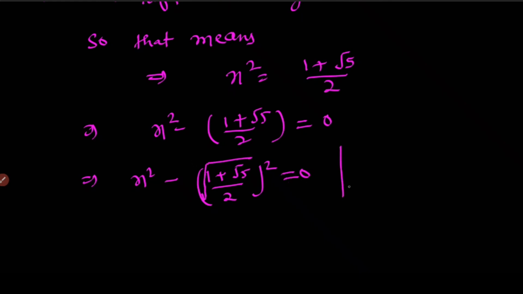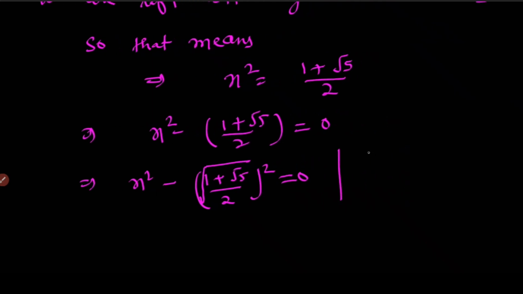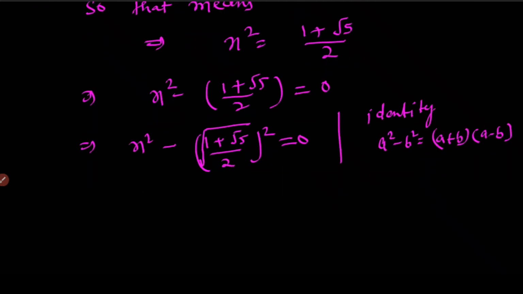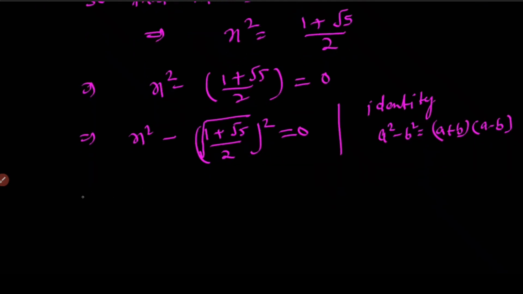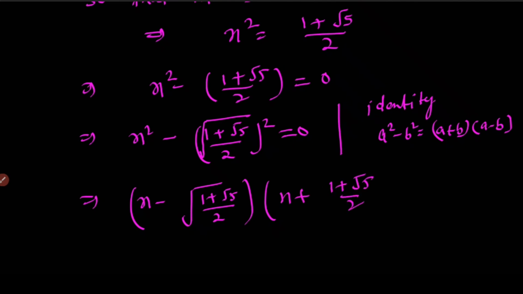That is the same thing, because we are going to use the identity a square minus b square equal to a plus b times a minus b. That's why we are doing this root and square here. So we will have n minus root of 1 plus root 5 by 2 and n plus root of 1 plus root 5 by 2, equal to 0.